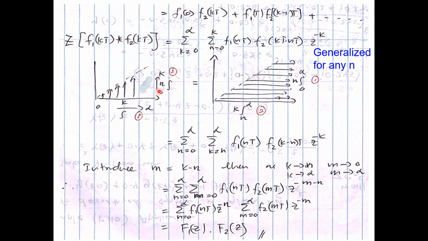But if you look at the same area, you can draw it this way or that way. So what is this one? You take n from 0 to infinity. For each n, you get the summation from k equals n to infinity. That is also right. You can write it this way or that way.